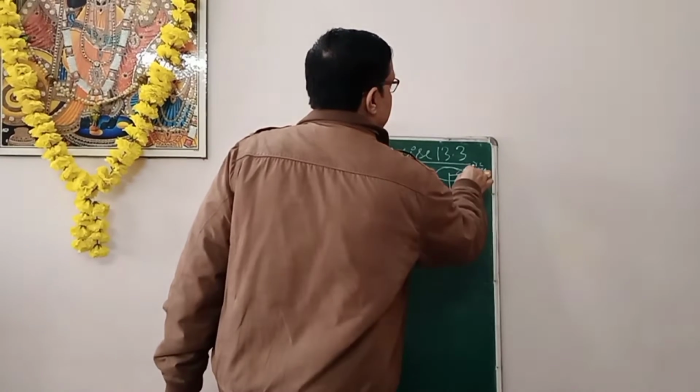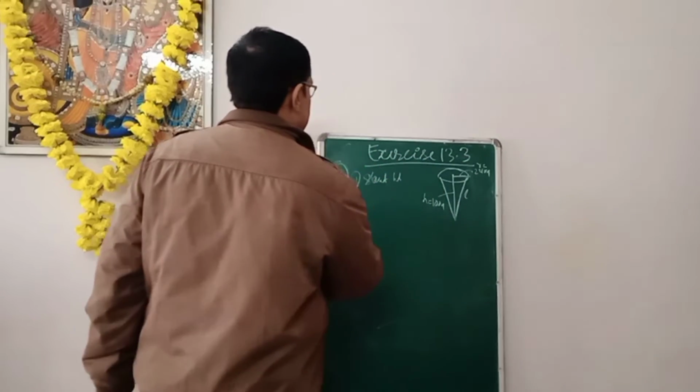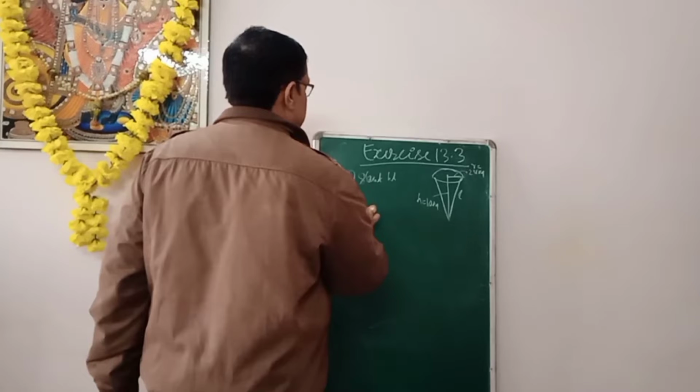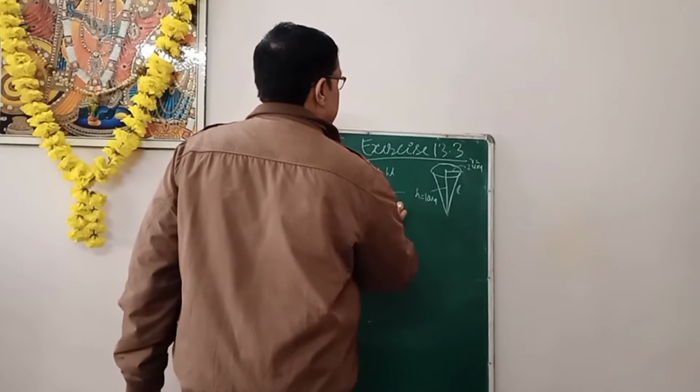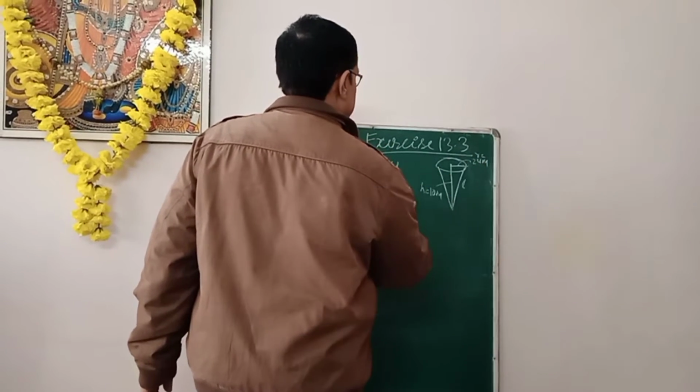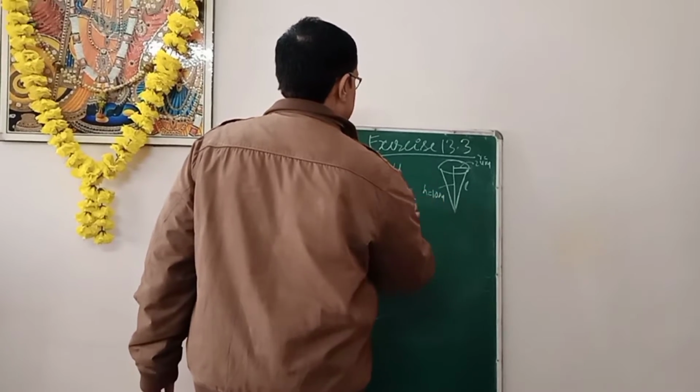this L, this is the slant height, and we know from Pythagoras theorem L is equal to under root h square plus r square, h square plus r square.